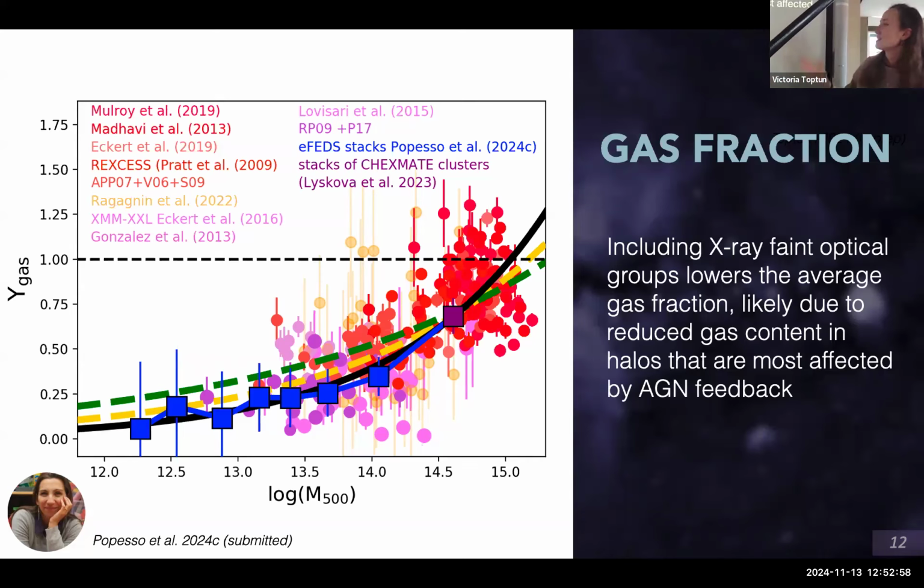And here you can see that when we include X-ray faint optically selected groups in this gas fraction plot, we have lower gas fractions than we usually see from X-ray detected groups. So probably due to reduced gas content inside these halos we see this, and probably it's due to some AGN feedback inside.